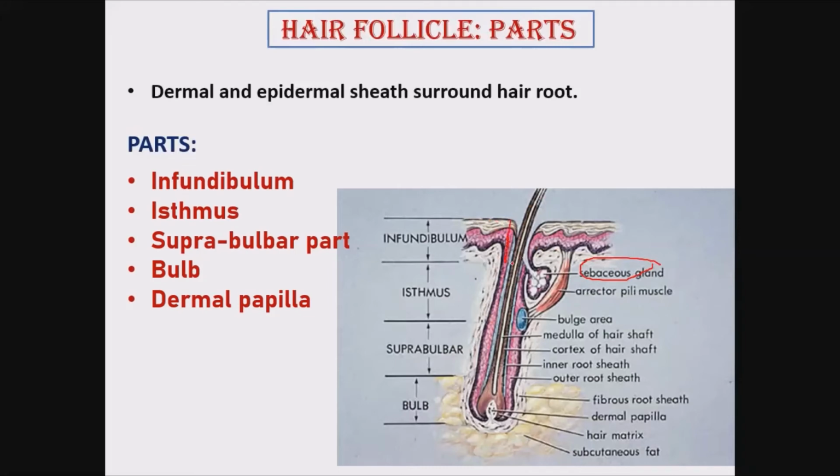From the opening of the sebaceous gland up to the attachment of the erector pili muscle, this part is called the isthmus. The part from the attachment of the erector pili muscle up to the origin of the bulb is called the suprabulbar part. And then the caudal part is called the bulb. This is the bulb part, which is invaginated by the dermal blood vessels. This is called the dermal papilla.